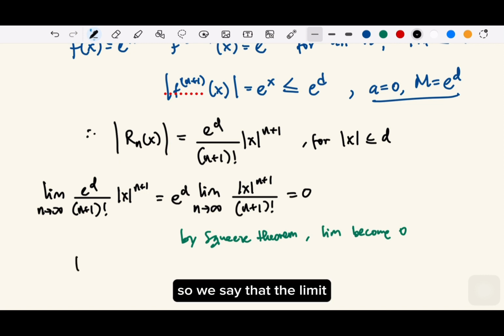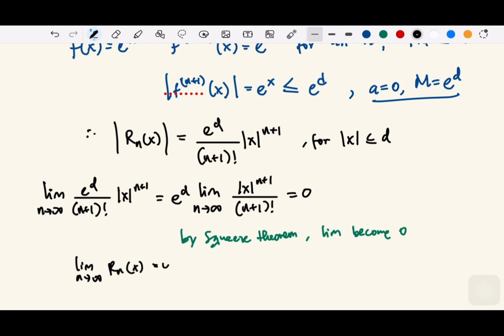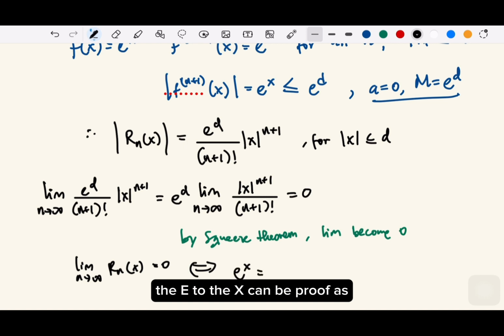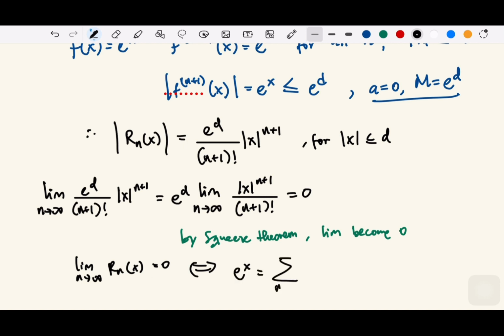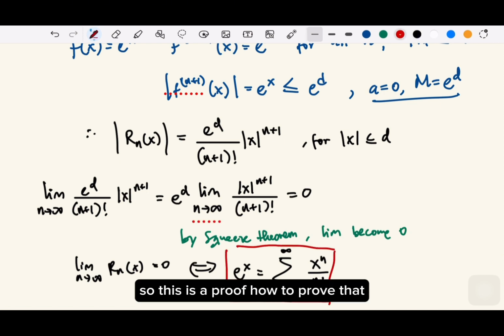So we say that the limit of the remainder is 0, and it follows that e to the x can be proved as the sum of x to the power n over n factorial. So this is the proof of how to prove that.